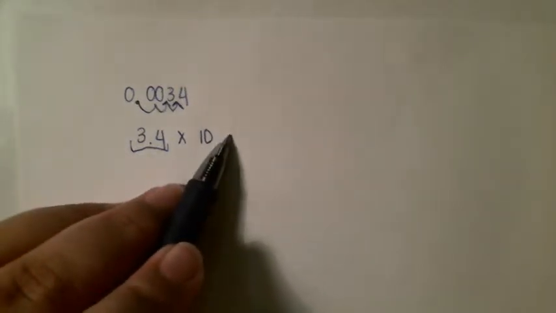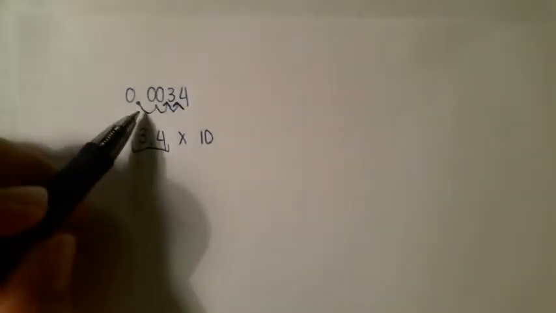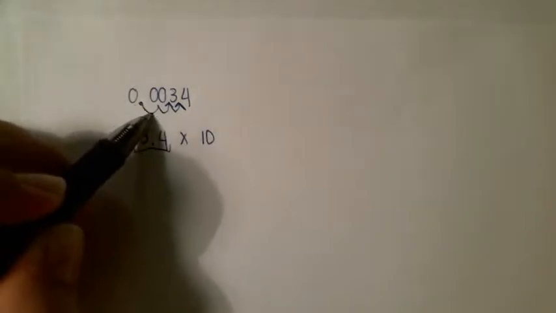Okay, now let's figure out this exponent. In this case, we hopped our comma to the right 3 times. If we hop our comma to the right to get into scientific notation, our exponent is going to be negative.